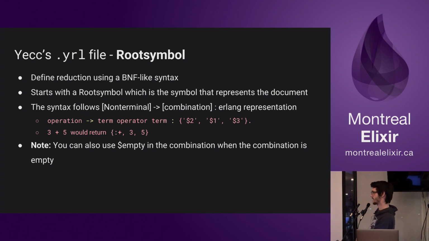So for instance, an operation can be reduced to term, operator, term, and we tell Erlang that we want the second value, which is the operator, as the first element, the first element as the second element of a tuple, and the third as the third element. So 3 plus 5 would return a tuple with the atom plus, 3 and 5. We can also add a $empty if we want to escape a value.